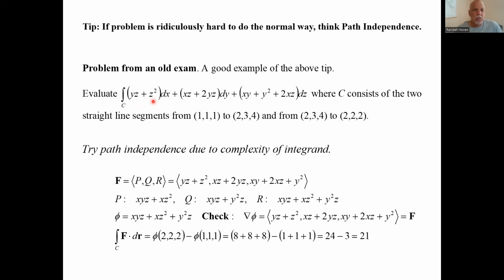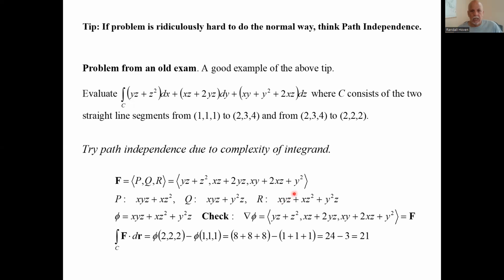Let's see, here's our P. With respect to x, you get xyz plus xz squared. This one with respect to y, you would get xyz plus y squared z. This one with respect to z, you get xyz plus y squared z plus xz squared. You add them all together without the repeats.